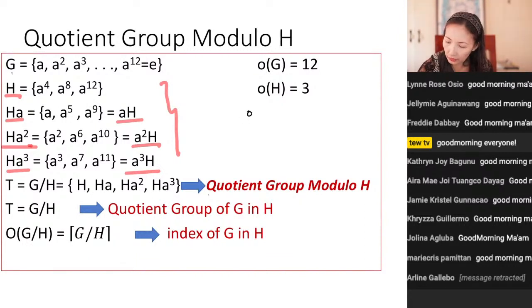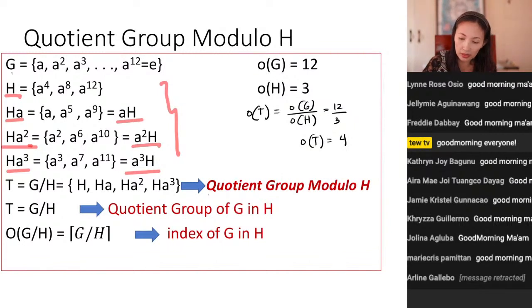The order of T is simply order of G over order of H. Order of 12 over 3, so the order of T is equal to 4. True enough, how many elements are there for the quotient group? H, HA, HA squared, HA cubed, 4.